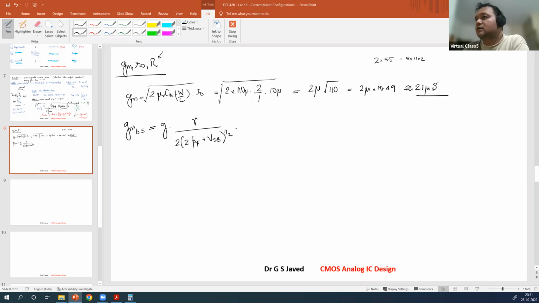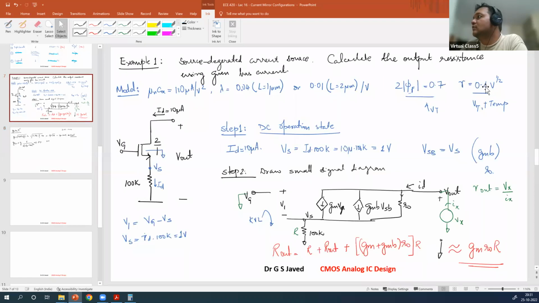So that approximately gives us the GM value. How much is 21 micro times gamma? How much is gamma? 0.4. Gamma is 0.4.